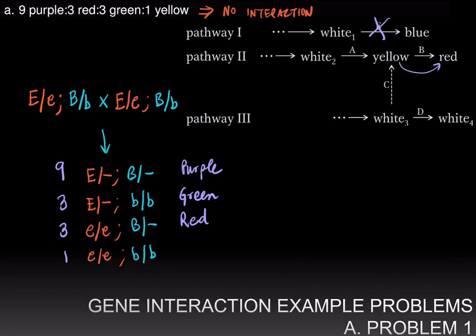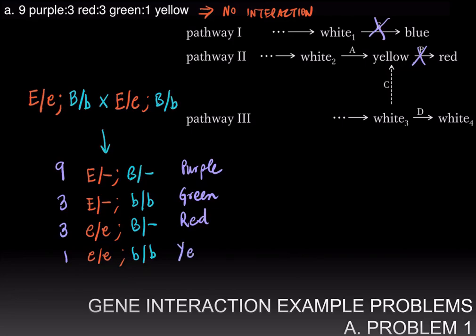And finally, in the last class, we are homozygous for the mutant alleles of both the E and the B genes, and therefore in the first pathway white does not get converted into blue, and so we are stuck at white 1, whereas in the second pathway yellow does not get converted into red, and therefore we are stuck at the yellow pigment stage.